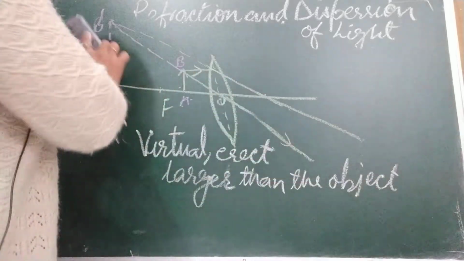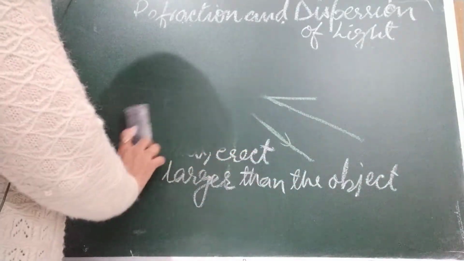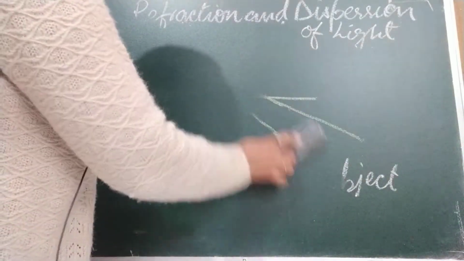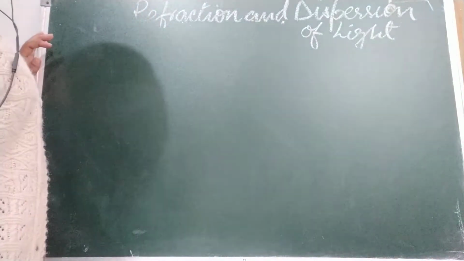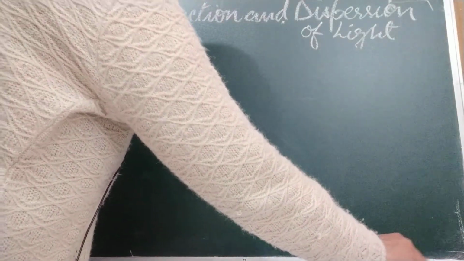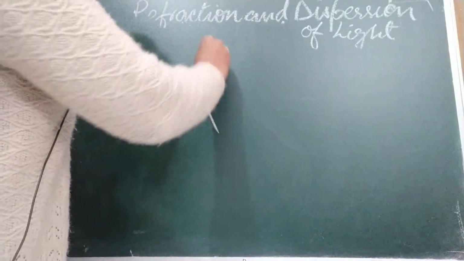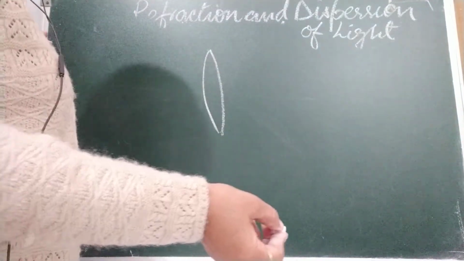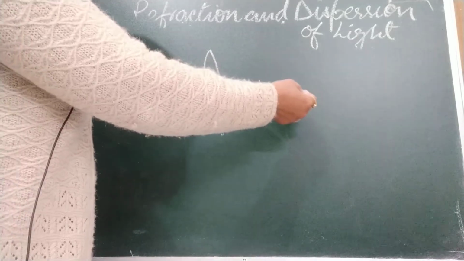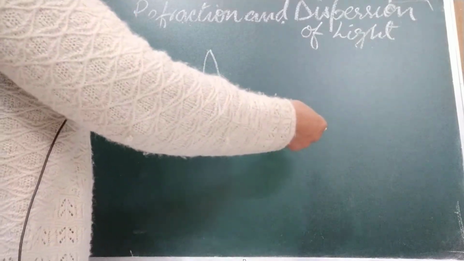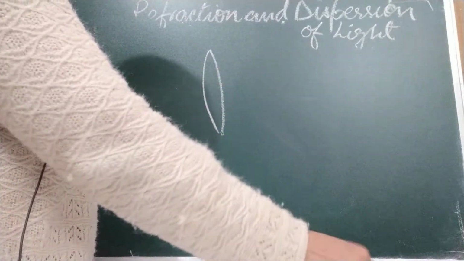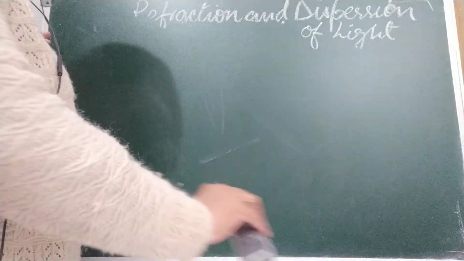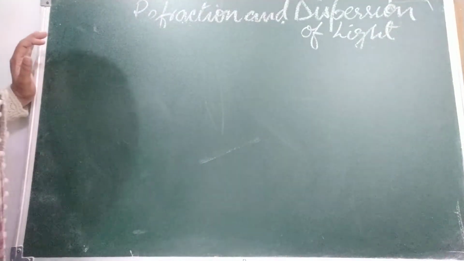Now the next, last position, is when the object is between F and 2F. What will happen? The image will form on the other side beyond 2F. It is going to shift. So this way the images are going to form.